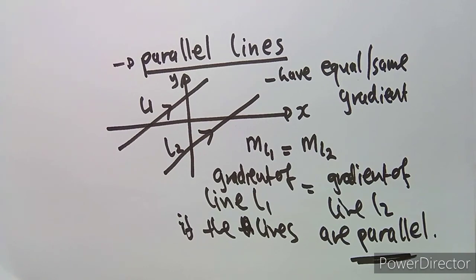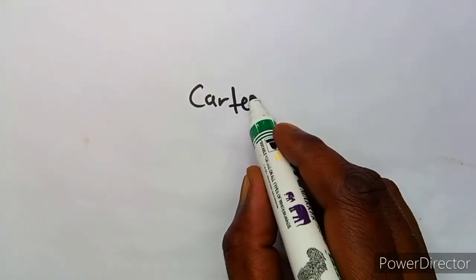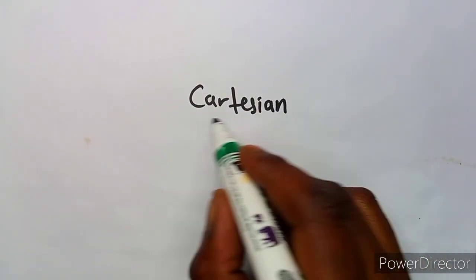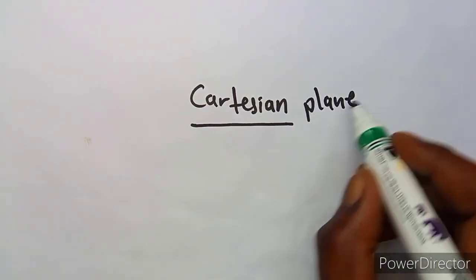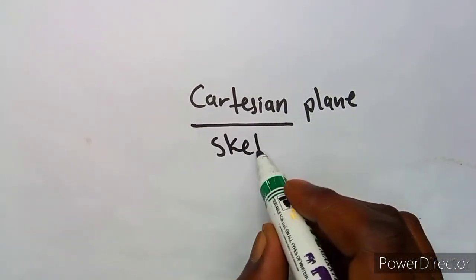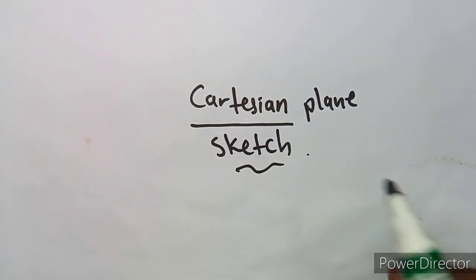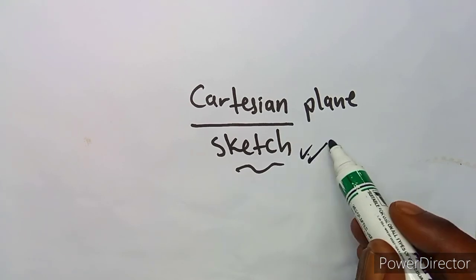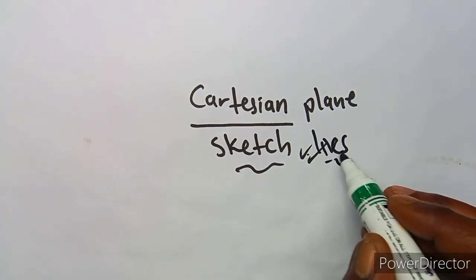Also, the properties that you are supposed to know when working on the Cartesian plane with a straight line: they can even ask you to sketch a straight line. Mostly in linear programming you want to sketch straight lines, so you also need to know how to sketch straight lines.